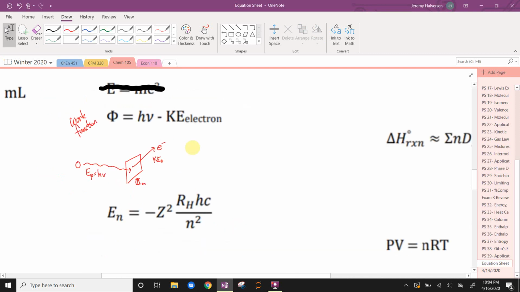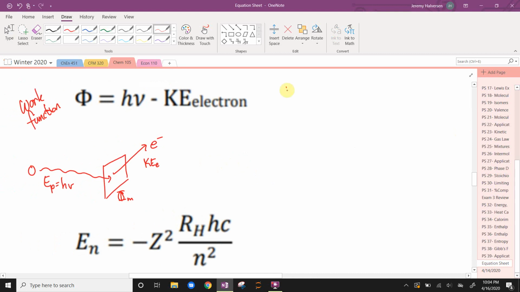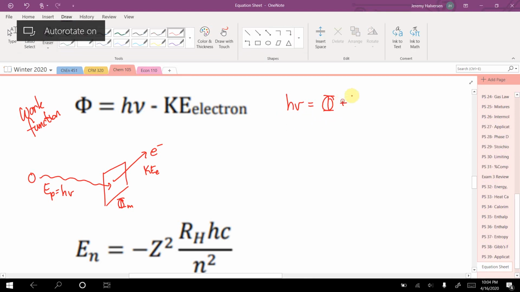All right, so basically what we're saying here, and I'm going to write this equation a little bit differently, is that the energy of your photon comes in, and that energy can go to two places. First, it goes to the work function to remove an electron. Then if the h nu is bigger than the work function, all of the rest of the energy goes into kinetic energy of the electron. The way I've written it is the same as here.